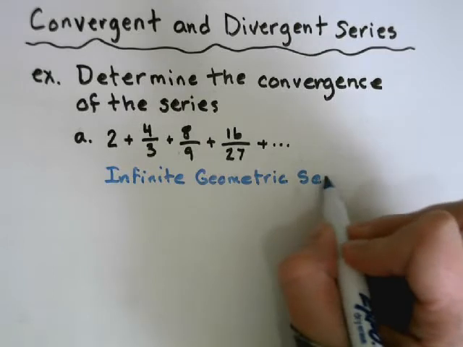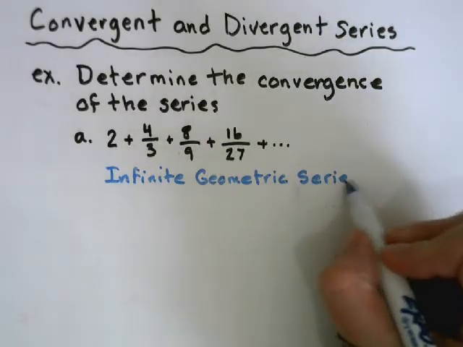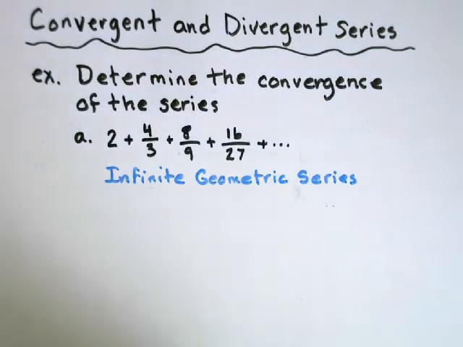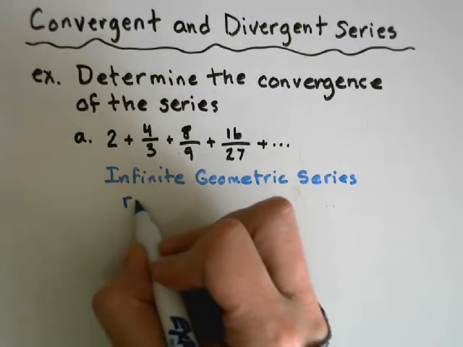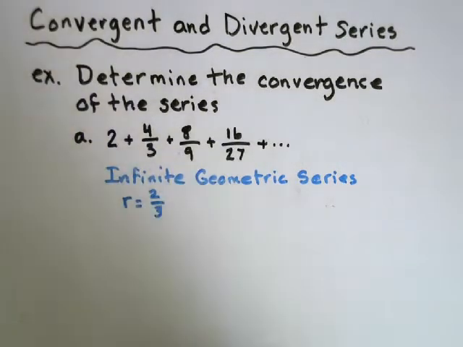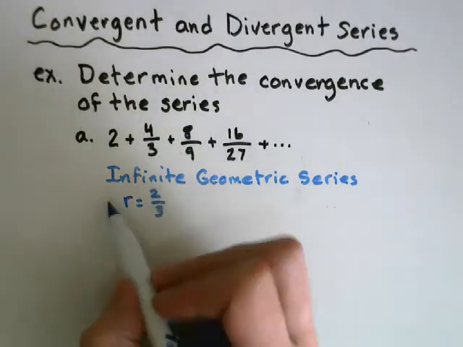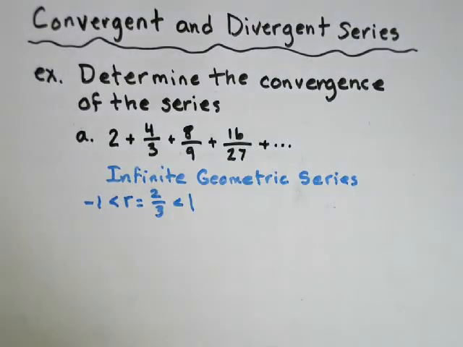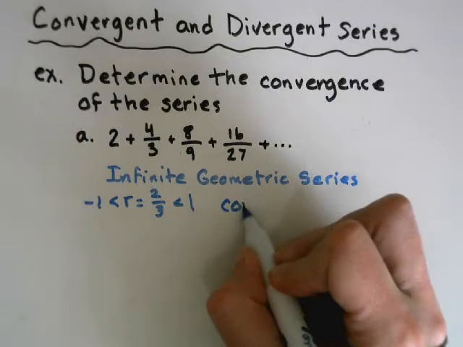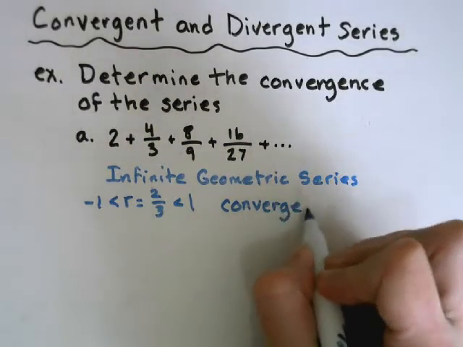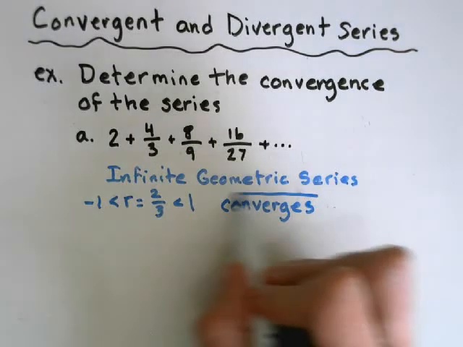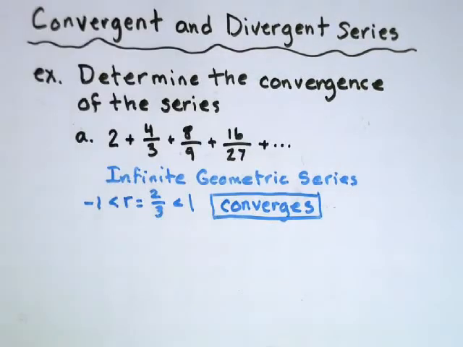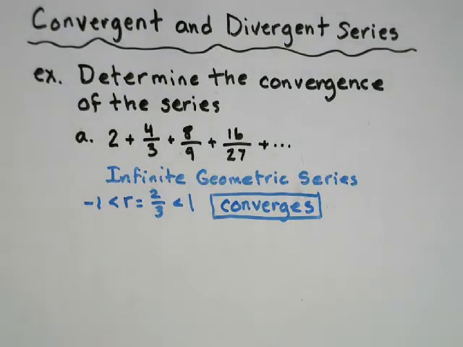We've spent some time talking about infinite geometric series and how they behave. This one's common ratio is 2/3, which means since that's between -1 and 1, we can find the sum. There is a sum, which means this series converges. So we don't necessarily have to find the sum. Just knowing that I could, if I wanted to, is enough information to tell me that this series converges.